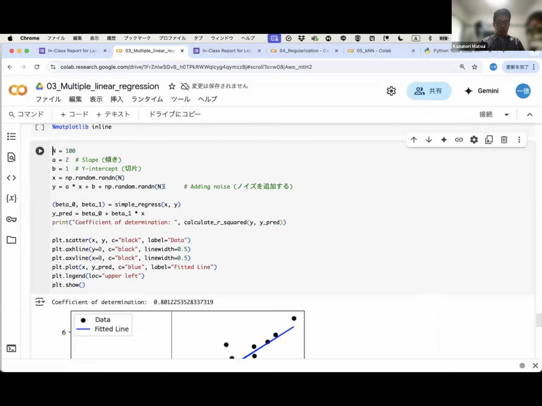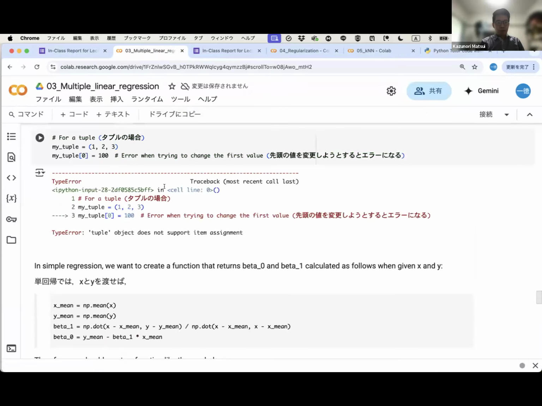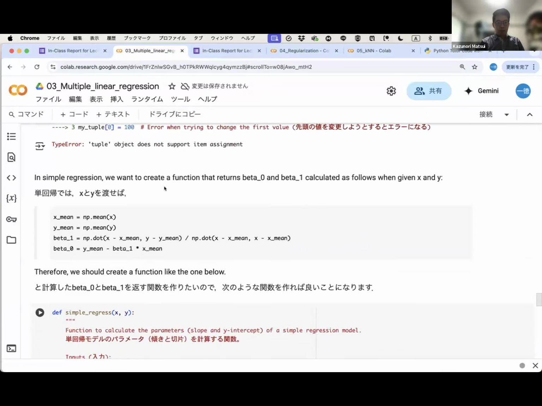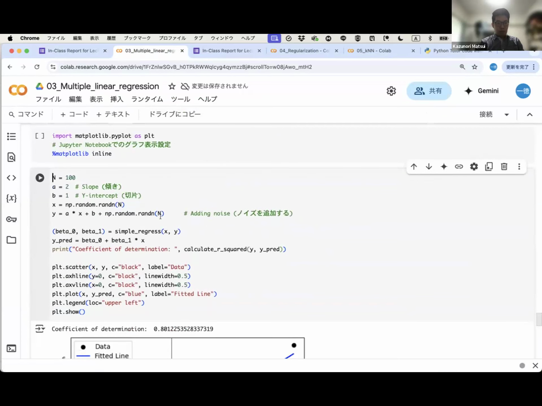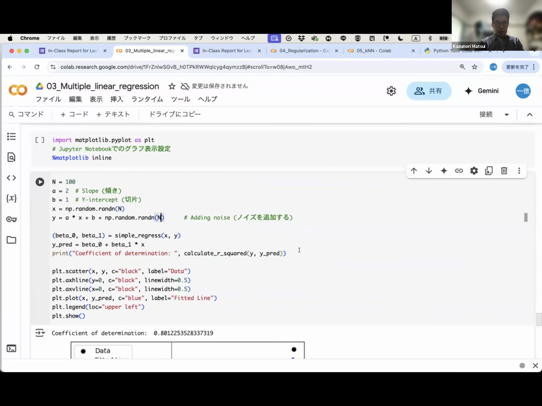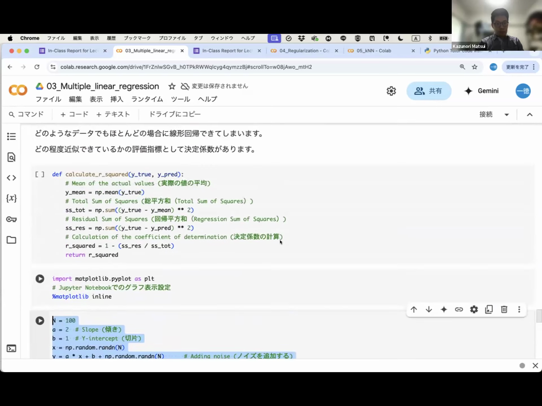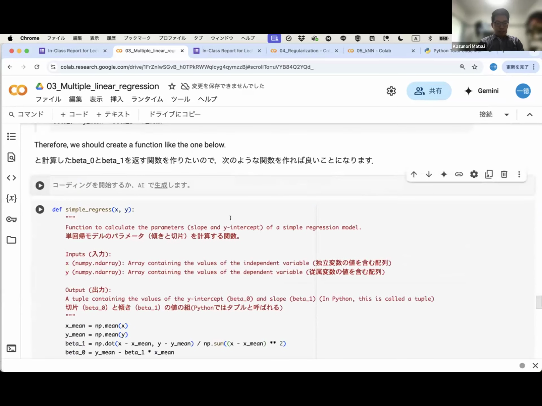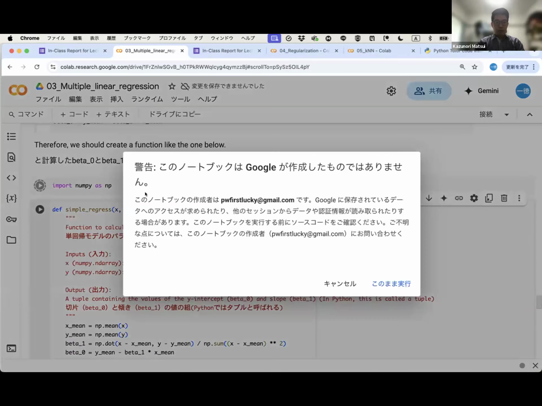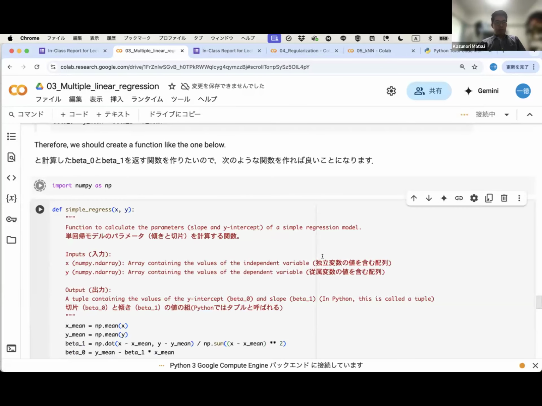Okay, let's get the code. Yes, we need to use this code here, but we need to define simple regression and import numpy as np. Okay, execute.